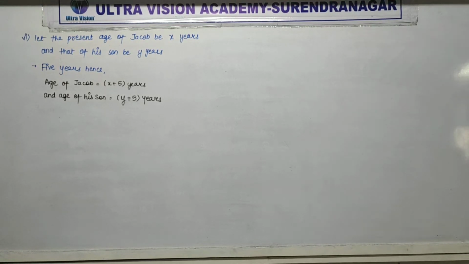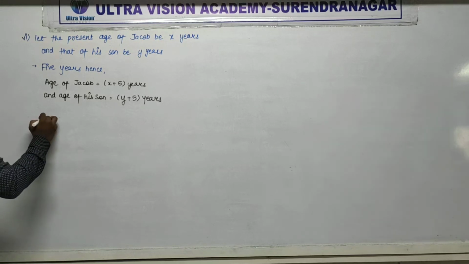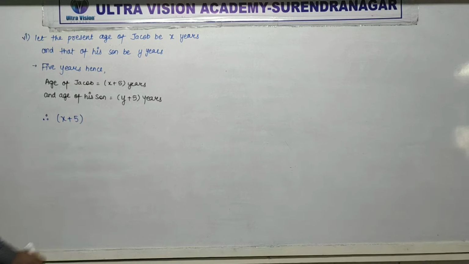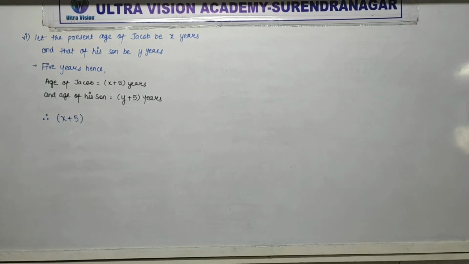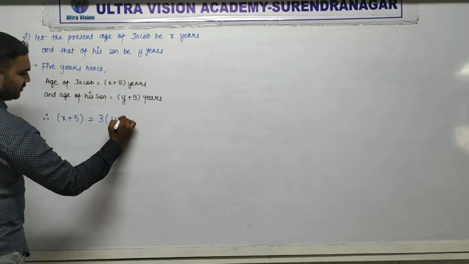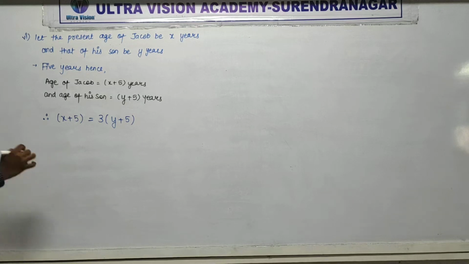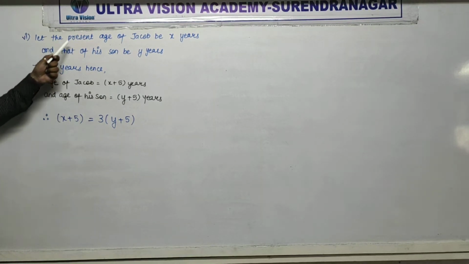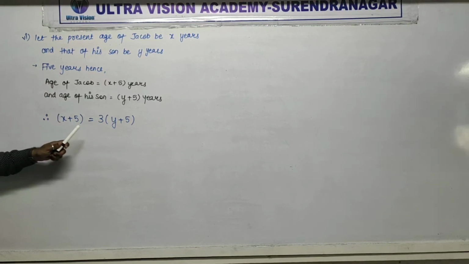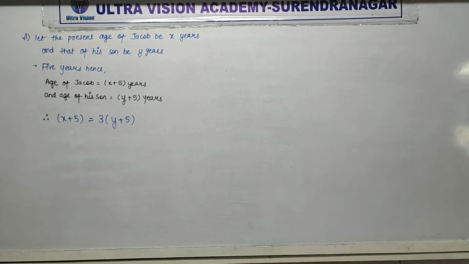Jacob will be 3 times as old as his son. Therefore, x plus 5. What is x plus 5? Age of Jacob 5 years hence. At this moment, this will be 3 times the age of his son 5 years hence. એટલે 5 વર્ષ પછી અત્યારે તો x અને y years ના છે એટલે 5 વર્ષ પછી જેકબ ની એજ એના છોકરાની એજ કરતા 3 ગણી હશે એટલે કે 3 times y plus 5.